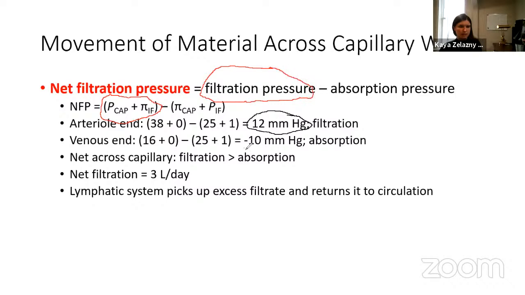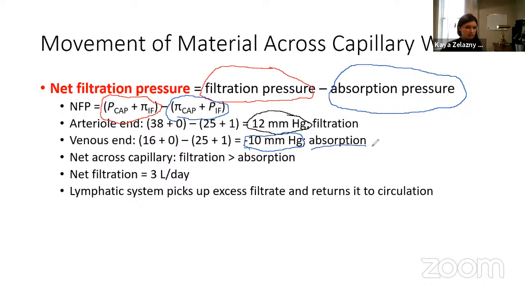If we get a negative number, this means that the second half of the equation was bigger, which means that the absorption pressure would be bigger than the filtration pressure, which means overall we'd see absorption. So overall we would actually see movement of water from the interstitial fluid into the blood.